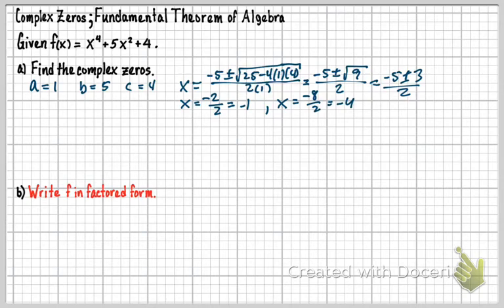So how this works here is my f of x can then be factored into x squared plus 1, because negative 1 is a zero for that x squared.